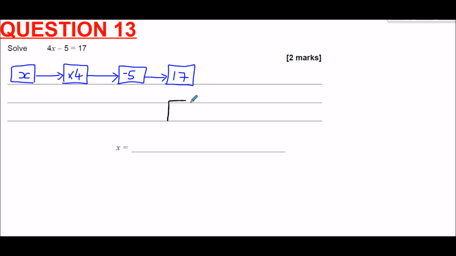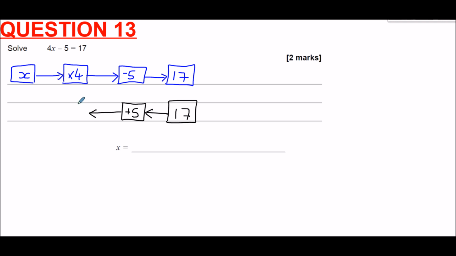Now what I'm going to do is start at the end and work backwards towards x. Because we're going the opposite way this time, we're going to do the opposite process at each step. So this way we were subtracting 5. Opposite of subtract is to add 5 on.